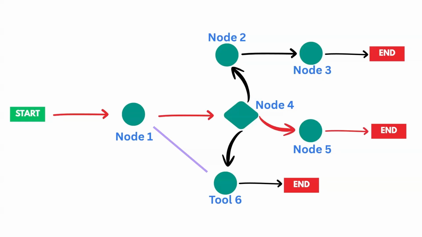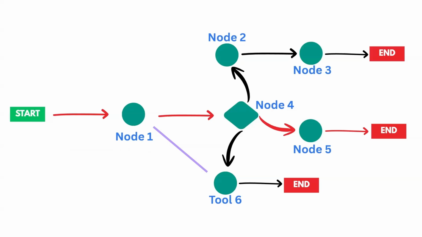Let's talk about path. A path in a graph is a sequence of vertices where each consecutive pair of vertices is connected by an edge. Paths can exist in both directed and undirected graphs. Edges highlighted in red from start node to end node, having node 1, node 4 and node 5 in between, are collectively called a path.